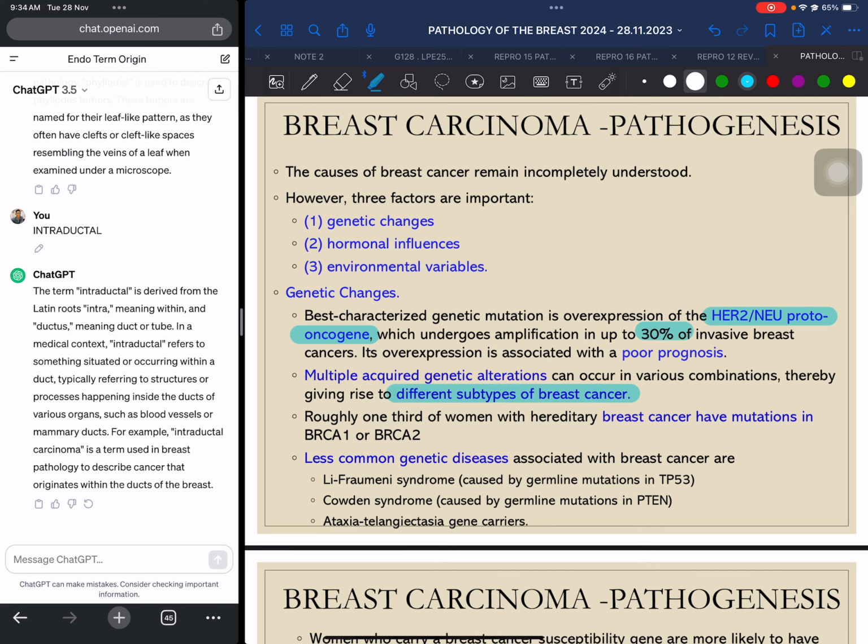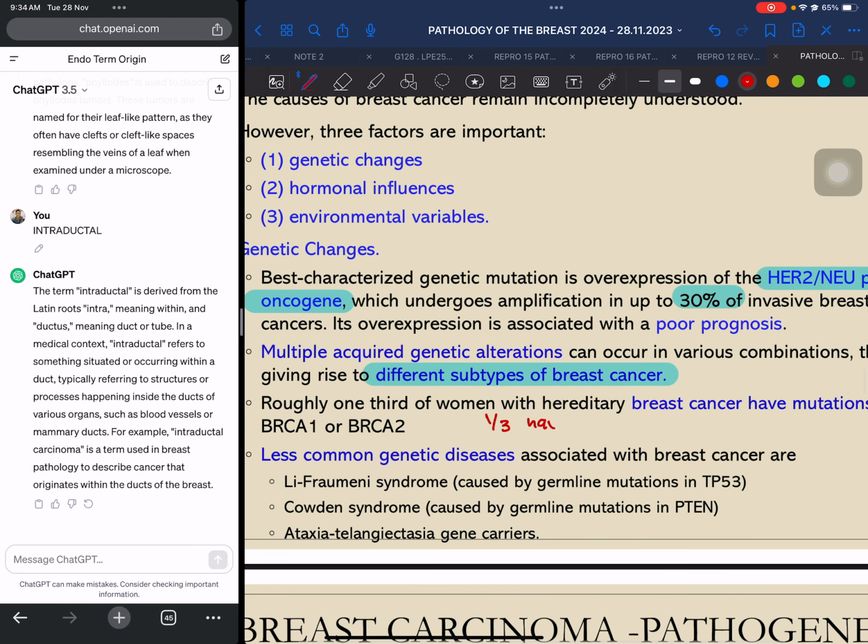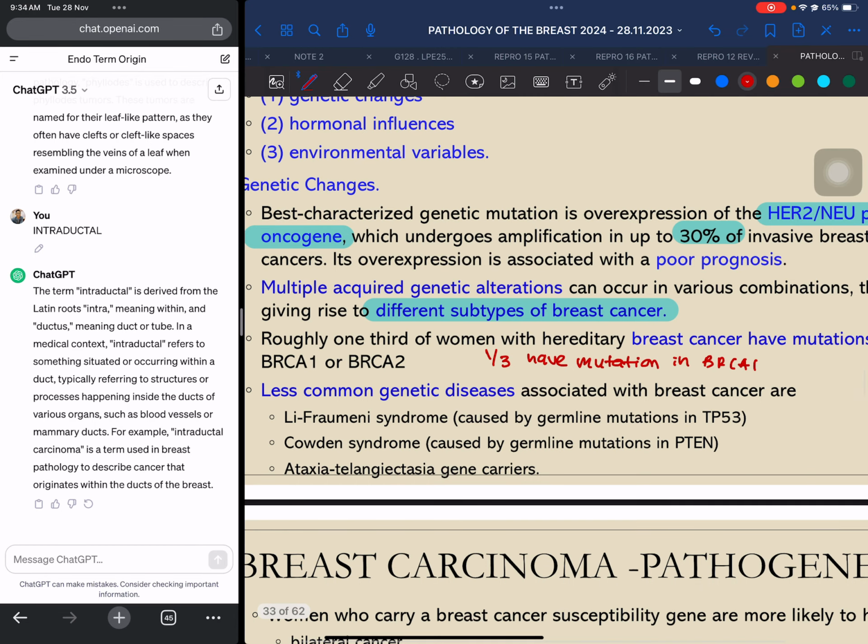This is the best characterized genetic mutation, that undergoes amplification in patients who have breast cancer. When patients have this, its overexpression is also associated with poor prognosis. But they do have the treatment for it, okay?